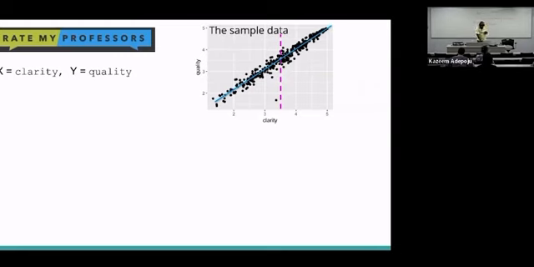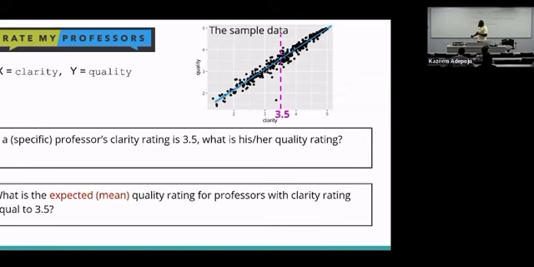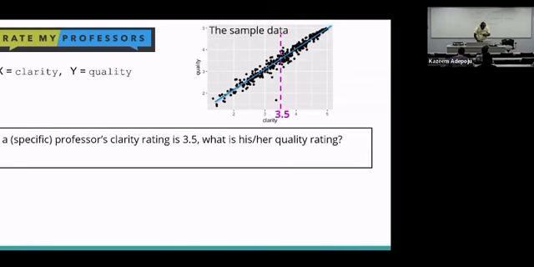After plotting that, I need you to take a look at the first one. If a specific professor, and when I say specific professor, I'm talking about an individual. I told you the other time, when we want to talk about prediction, we have the individual one and we have the mean one, the average one.